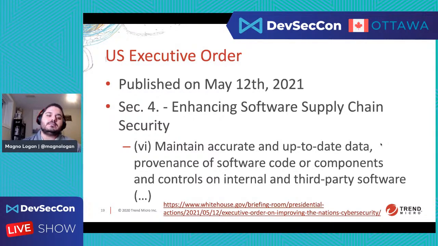It was published in May last year, and there is a whole bunch of stuff in this document, but one specific part focused on the software supply chain and how the US government is going to demand, check and enforce that any organization that provides software to the US government has accurate and up-to-date data of the components and third-party software, which is basically talking about having an SBOM, right?